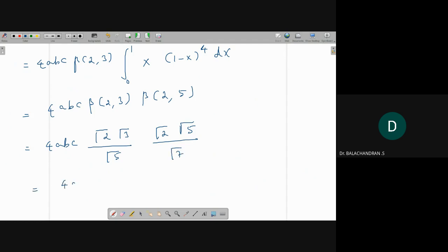So 4ABC, gamma of 2 is 1 factorial, so 1 into 2 factorial, 2 by 4 factorial, 24, into 1 into 24 by 6 factorial is 720.